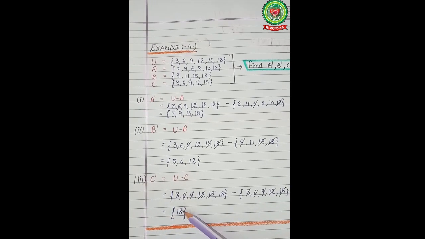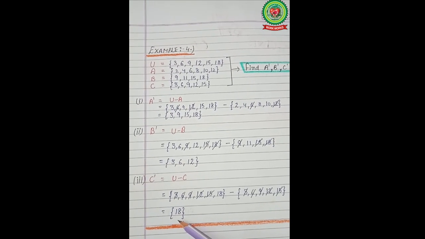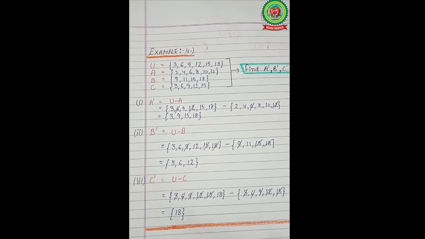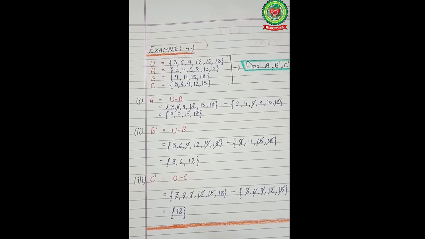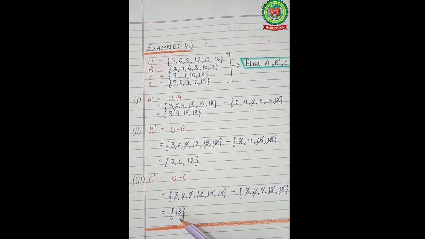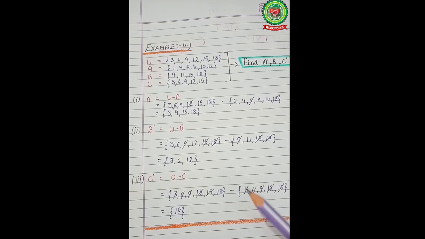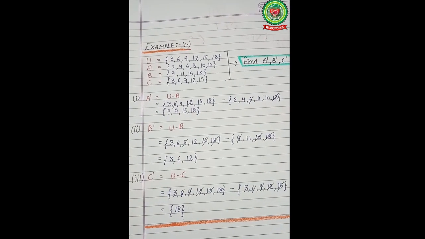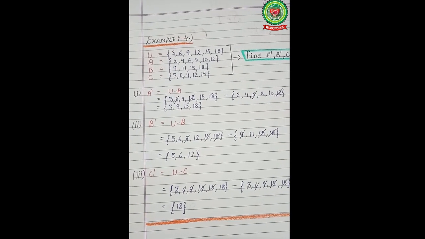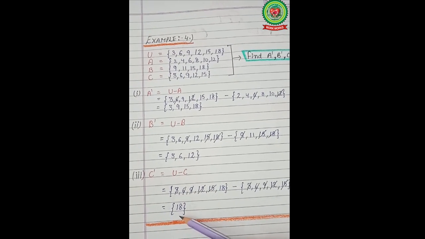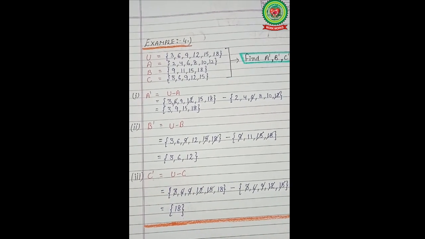So we will write this single element in a curly bracket. So now what does a single element represent? You know this very well. Yes, we will call this a singleton set, because a set which is containing only one element is known as a singleton set. So this is your singleton set, or this is the complement of set C.